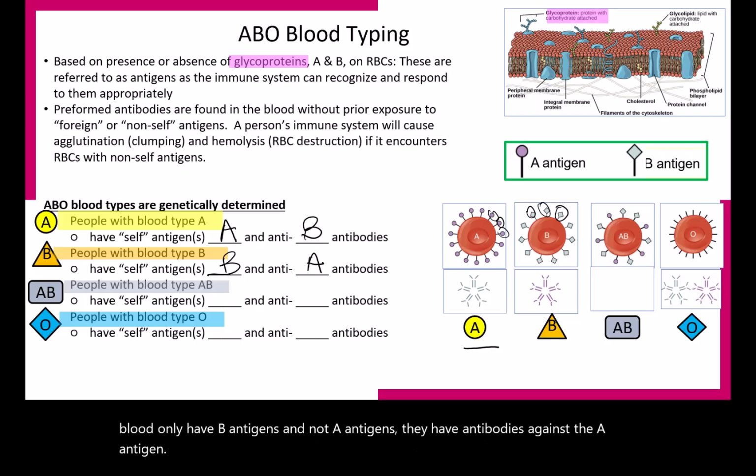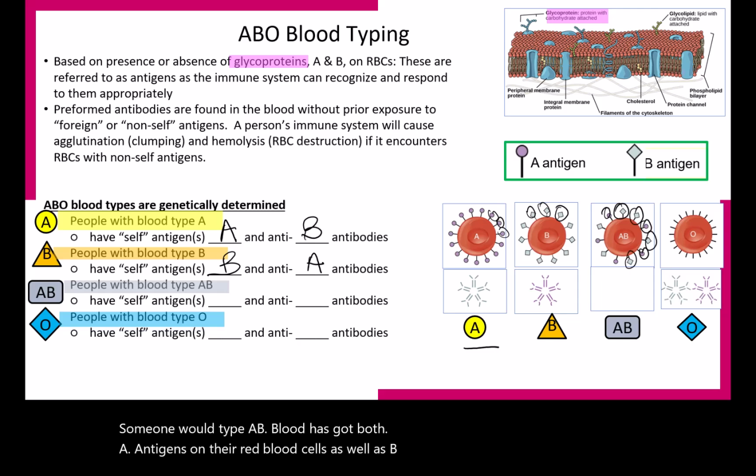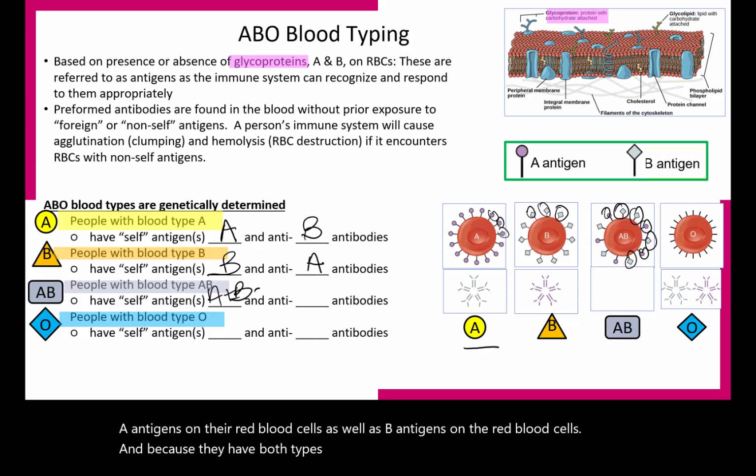Someone with type AB blood has both A antigens and B antigens on their red blood cells. And because they have both types of antigens, they don't have any anti-A or anti-B antibodies.